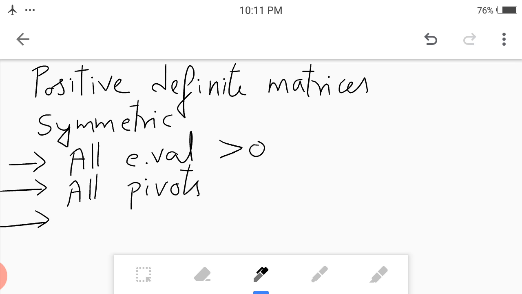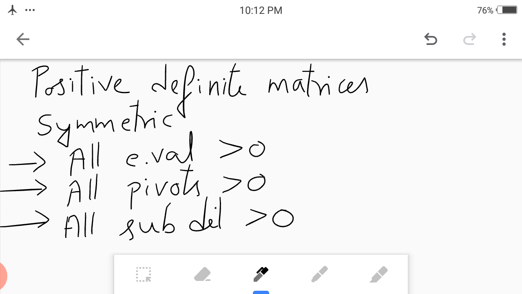So if all eigenvalues are greater than 0, meaning they are positive, pivots also will be positive. So all pivots have to be greater than 0. The last part is all subdeterminants should be greater than 0. I will explain what a subdeterminant is soon.